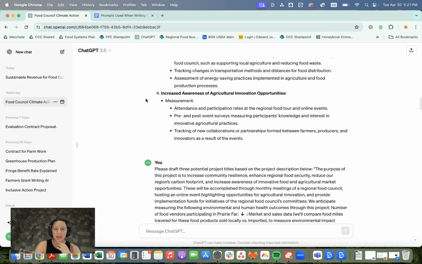The next one that we have is increased awareness of agricultural innovation opportunities. I believe this one ended up getting added to one of the other items. Like, we just had 3 outcomes ultimately. So this one, I think it just ended up getting matched. But we did talk about attendance rates being a way that we could measure the impact, and also tracking people's ability or willingness to take action after the meeting.